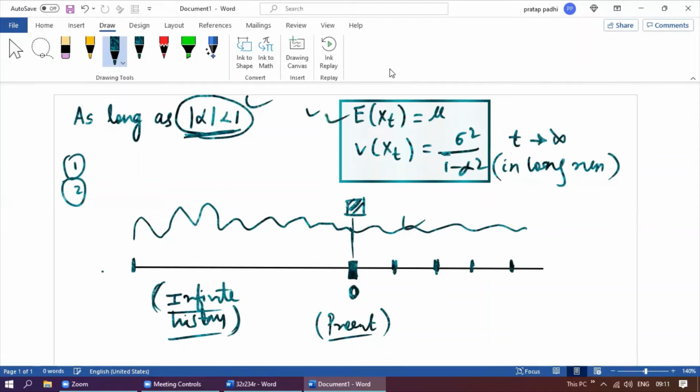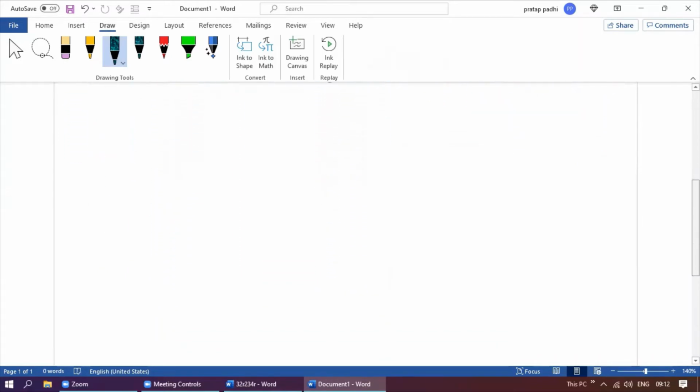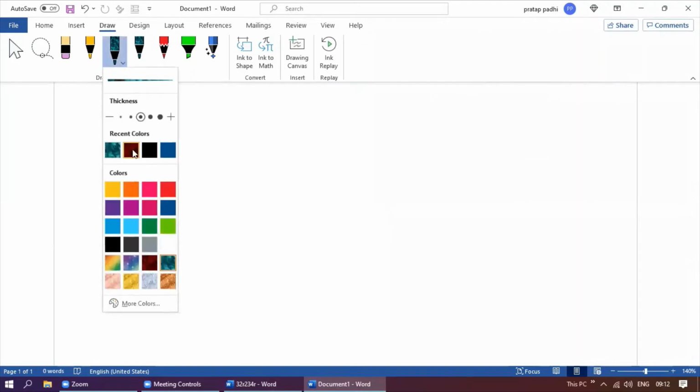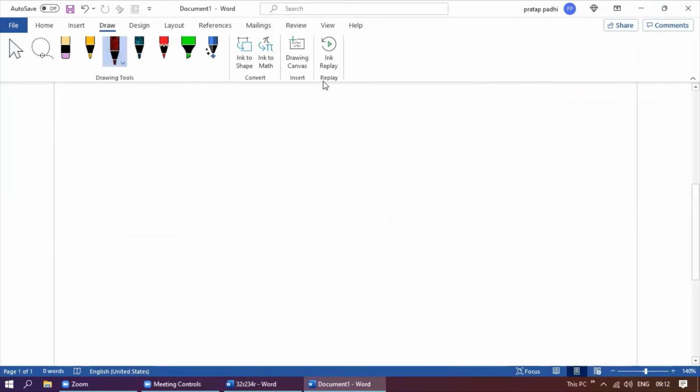And expectation of xt is constant mu, variance of xt is constant sigma square by 1 minus alpha square. Now let me find other things like this. Remember we started with xt equals mu plus alpha times (xt minus 1 minus mu) plus et.